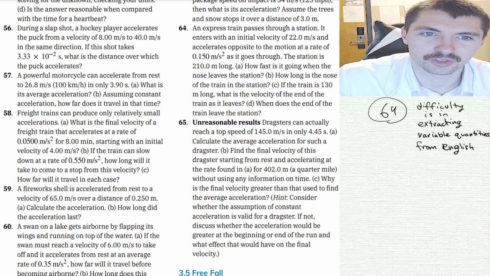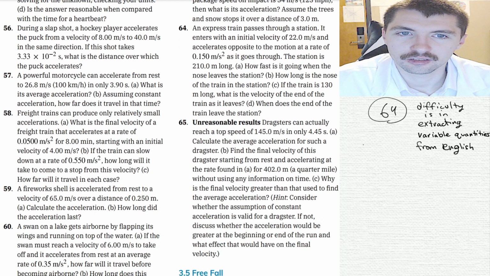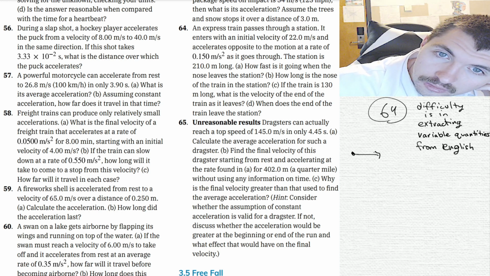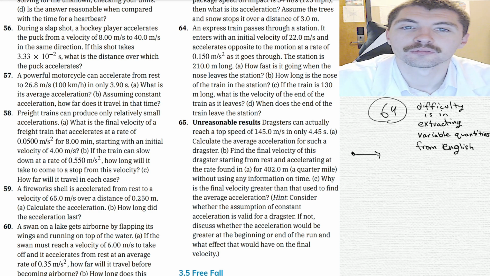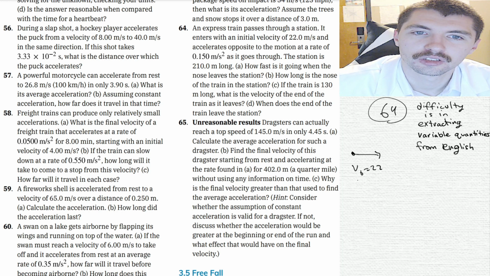Okay, 64. Express train passes through a station. Train, station. Initial, okay, easy. Accelerates opposite. So A is negative 1.5.